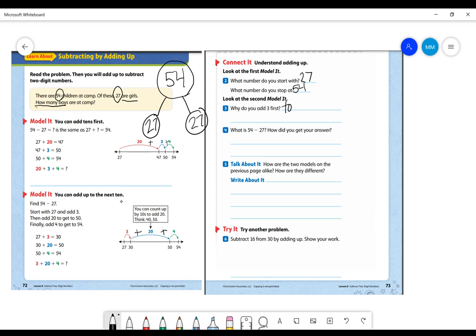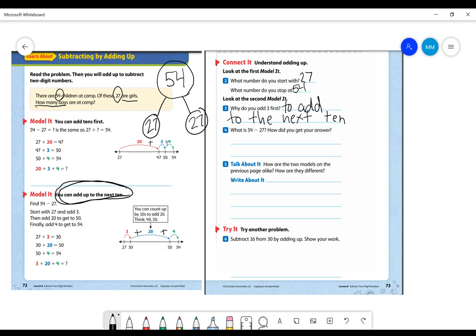To add up to the next 10. And friends, I use the words from the workbook to help me. Friends, always use the text that you have to help you solve your problems, to help you find answers to questions.